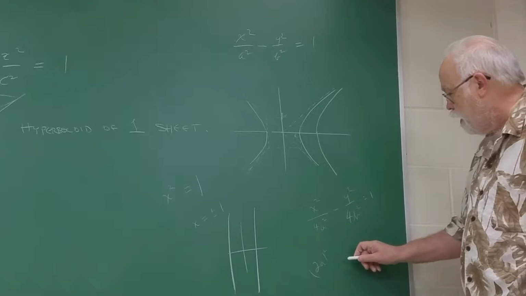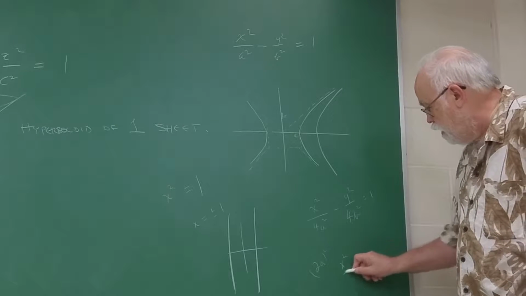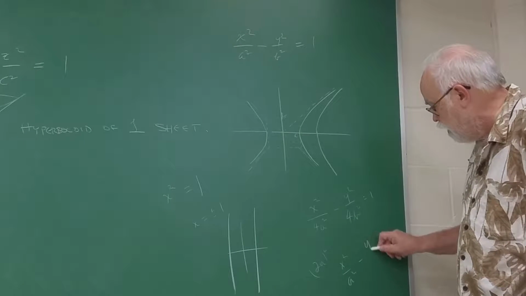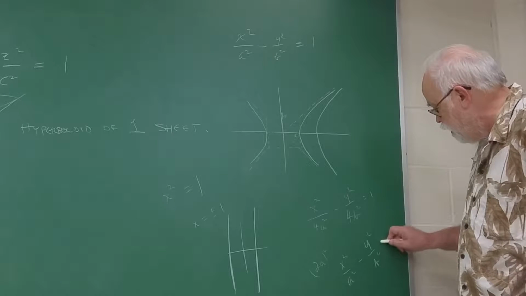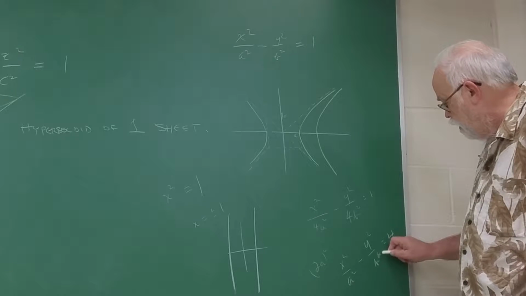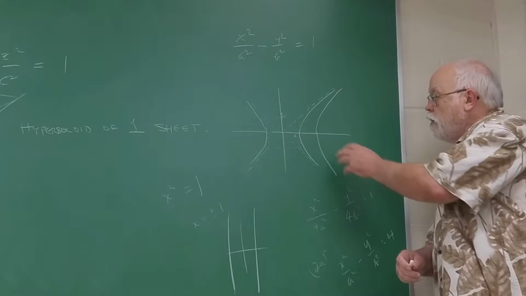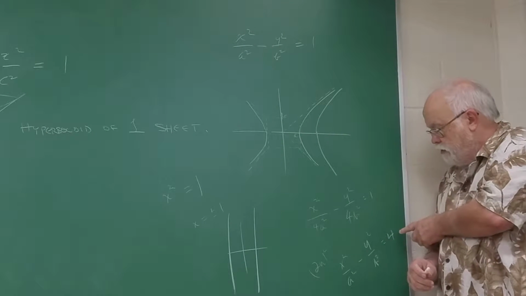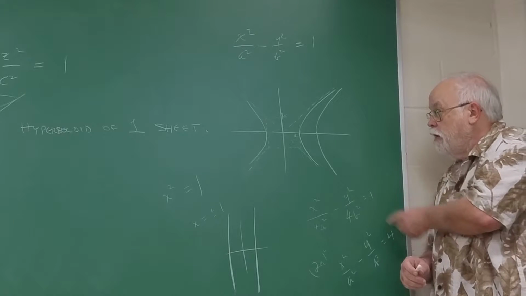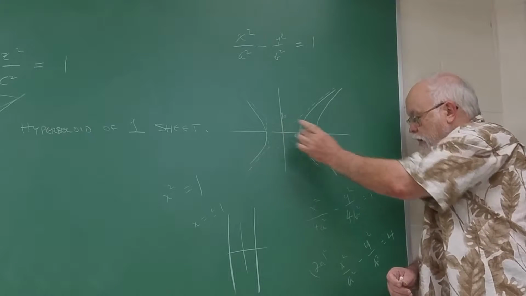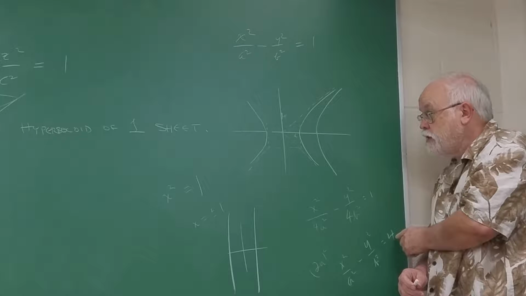Well, if I multiply that by 4, I just have a different constant on the other side instead of 1. So basically, if I want to make this go out, I'll get something bigger than 1. But if I want to pull it in, I'll make this go less than 1.